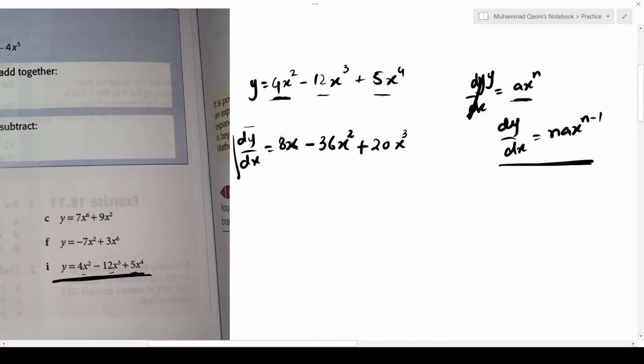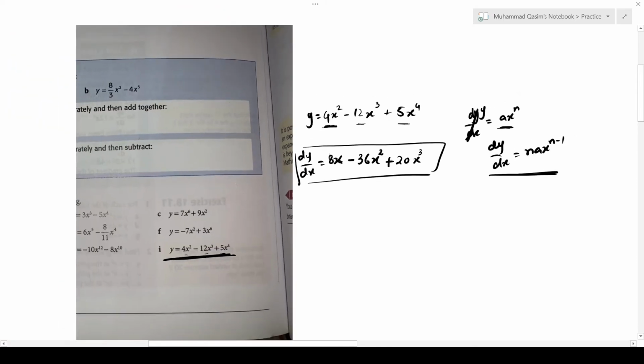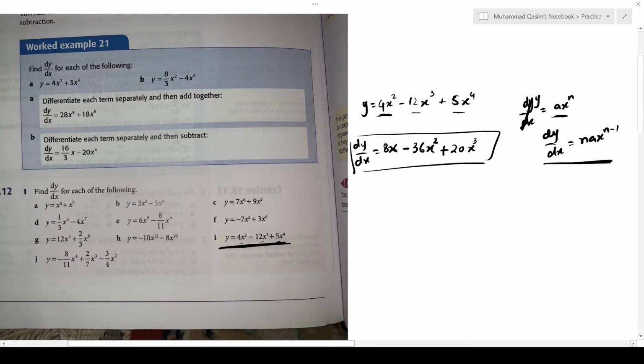So this is the derivative of this equation. This is how you find the derivatives.